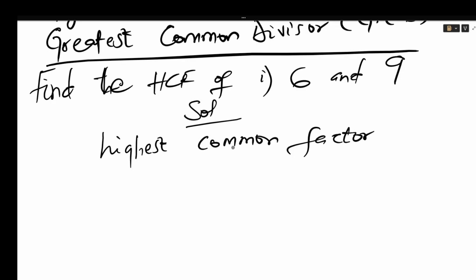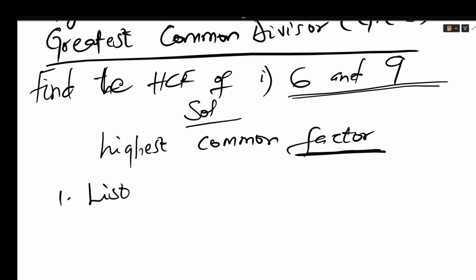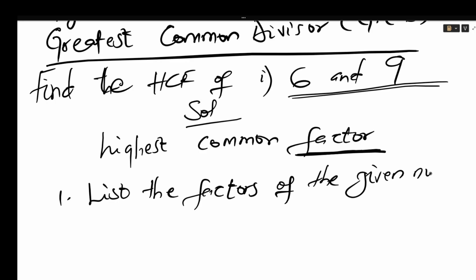Looking at this, it means first of all we have to list the factors of the given numbers, and in our case that is 6 and 9.